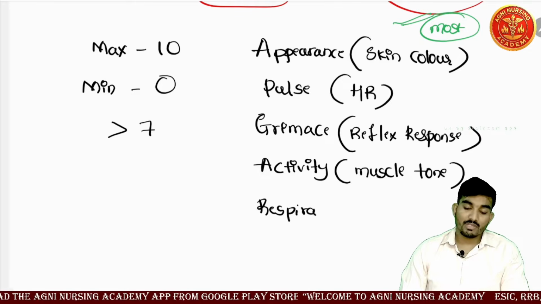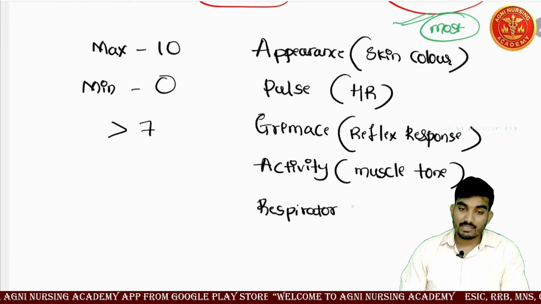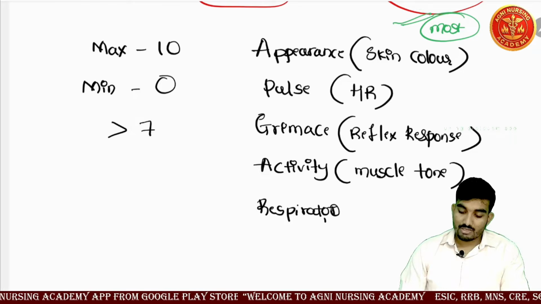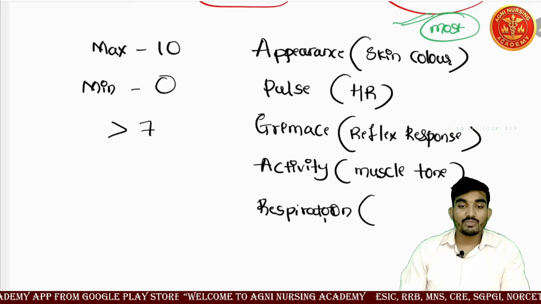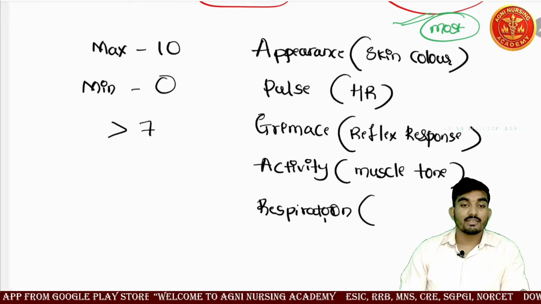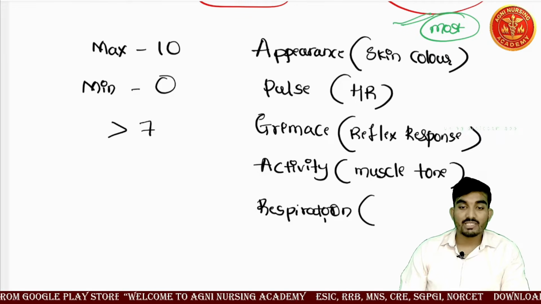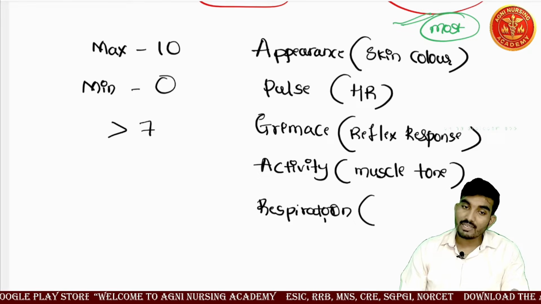So many times questions are asked from here in Apgar scoring. A question like "which one will not be assessed?" will be asked, and the answer is always respiratory rate.